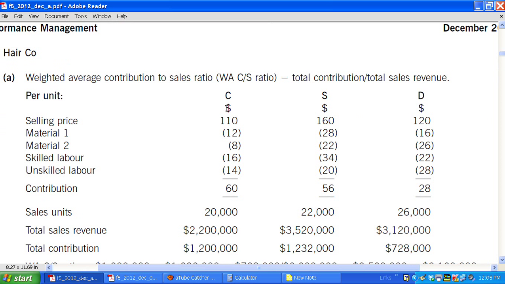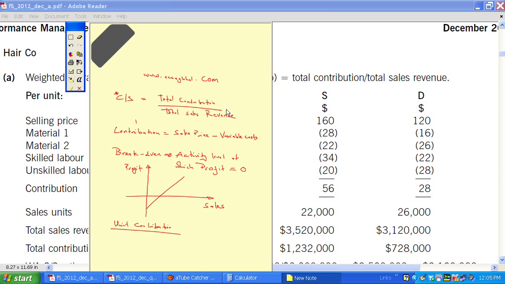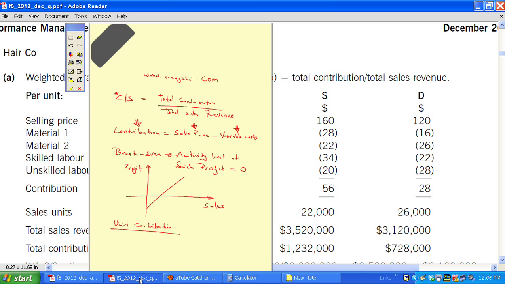Now we've been told that contribution is sales price minus the variable costs. So for each unit item, we're simply going to find the sales price and remove all the variable costs. Back to the question.